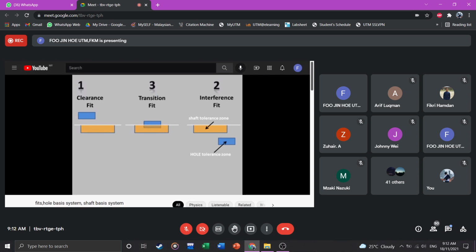It may overlap partially or completely. If you observe, the hole tolerance zone is changing its position to get the required fit. But the shaft tolerance zone is not changing its position with respect to the zero line. This is the shaft basis system of limits and fits.